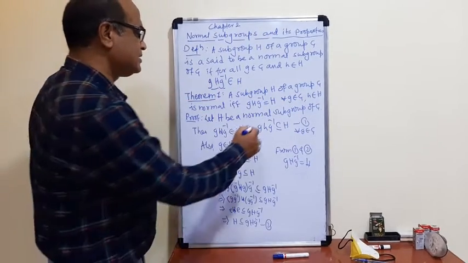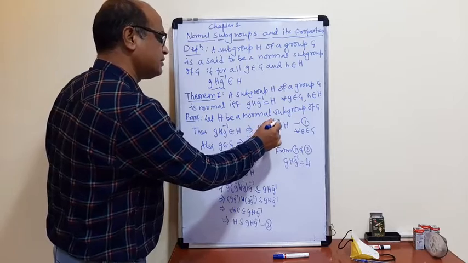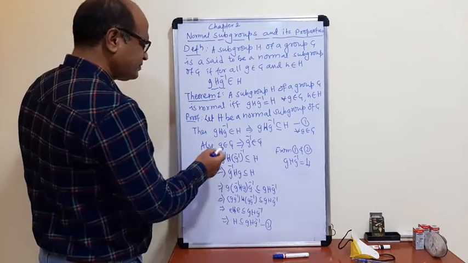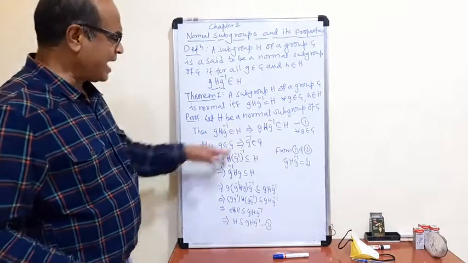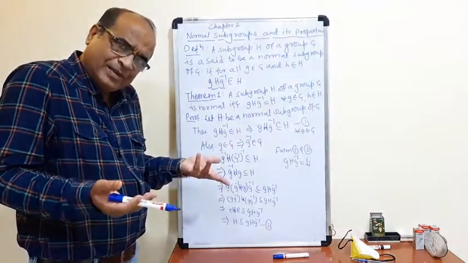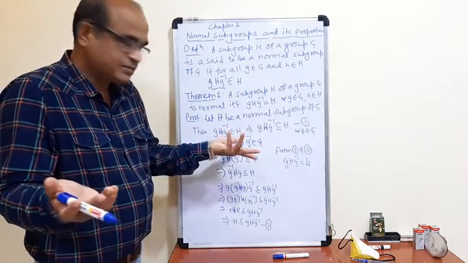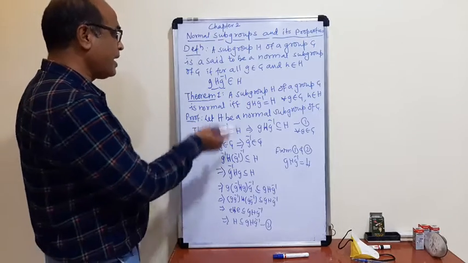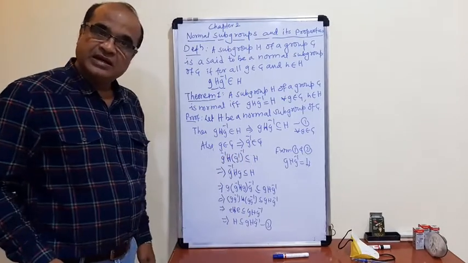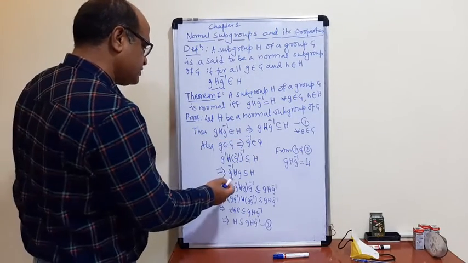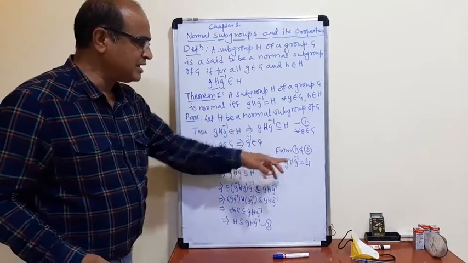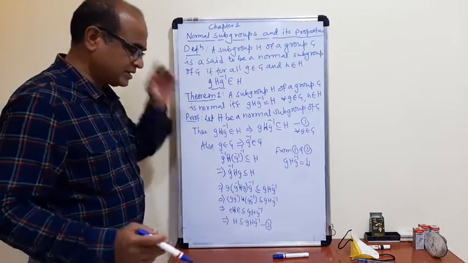So this implies that gHg inverse is a subset of H for all g belongs to G. Also, g is an element of G implies that g inverse is also an element of G. If small g is an element of G, then g inverse must be an element of G. So then, again by definition, g inverse H g, its inverse belongs to capital H. Okay, so this is a very simple simplification, and we get from 1 and 2 that gHg inverse is equal to H. So we proved this theorem here.